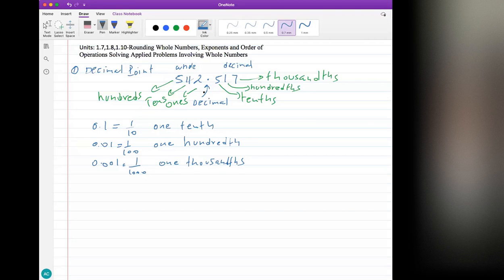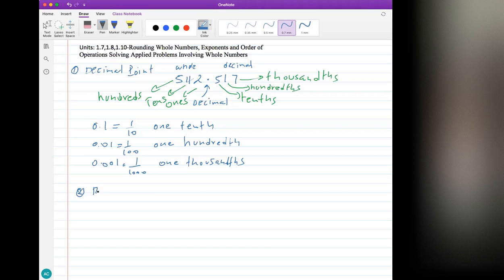So that's how you name those decimal places. We're probably going to get a chance to come back to these another time and talk about decimals in detail. This was just a quick definition of the concept of the decimal point.